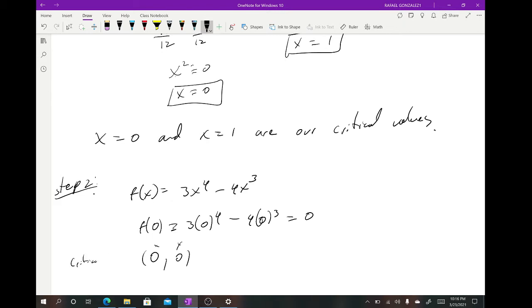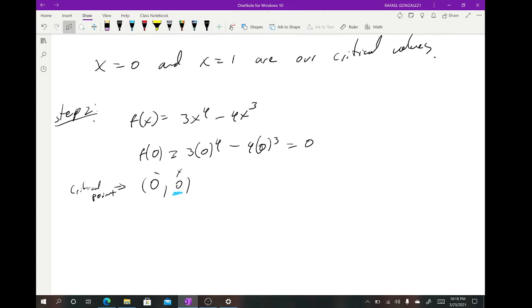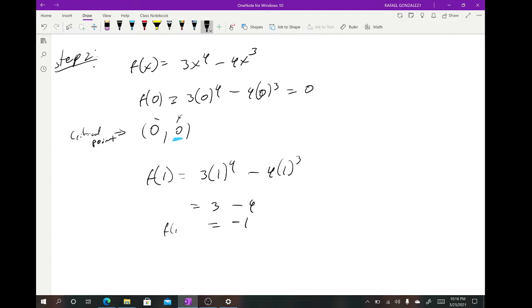But the important thing here is the y value, since we already know the x value. What about f(1)? We have 3 times 1^4 minus 4 times 1^3. That's 3 minus 4, which equals -1. So f(1) = -1, and the critical point here is (1, -1).